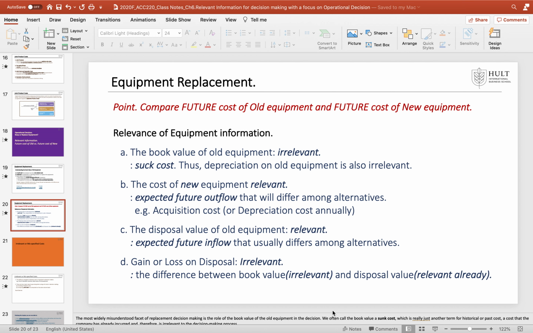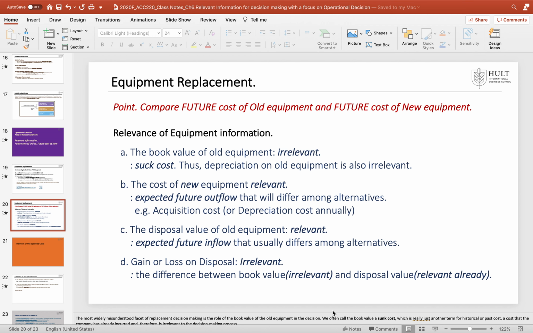So it is relevant. If we take the annual depreciation cost instead of the acquisition cost when we compare the annual cost, then the depreciation of this new equipment is relevant information. Disposal value of old equipment is relevant because it is based on our decision. So it is an expected future inflow.